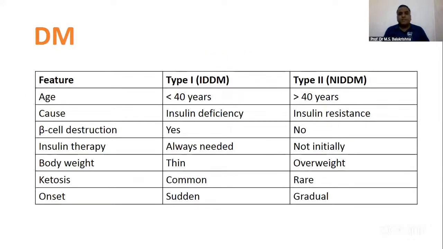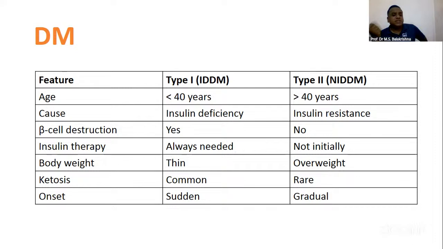This is diabetes mellitus, type 1 and type 2. Type 1 is caused by insulin deficiency and beta cell destruction. Insulin therapy is always required here, and body weight is very thin. Whereas type 2, non-insulin-dependent, occurs at greater than 40 years of age, and insulin resistance is the cause.